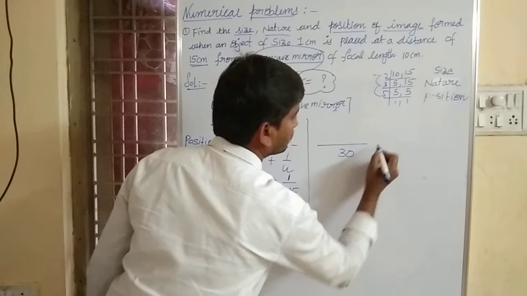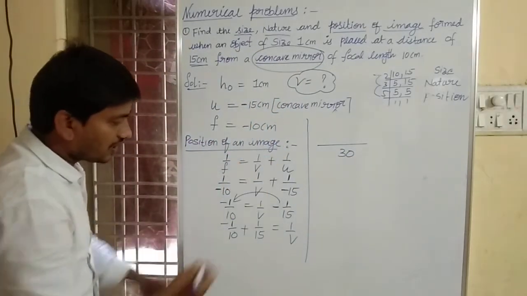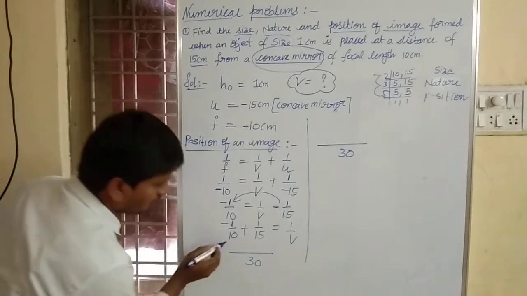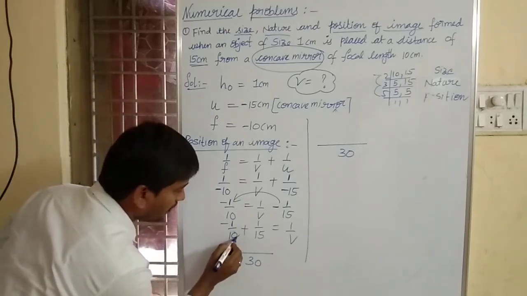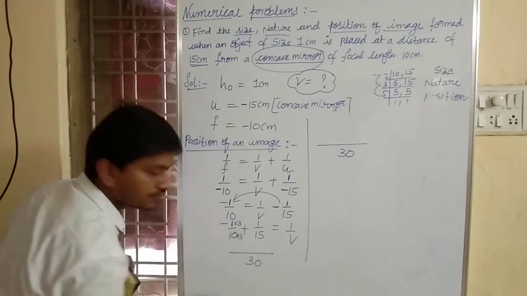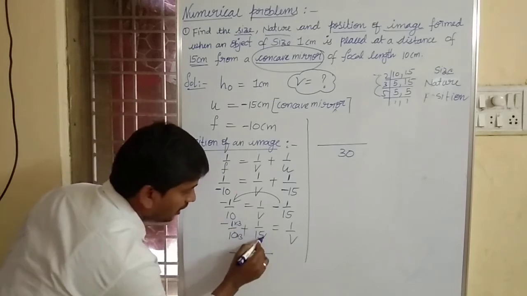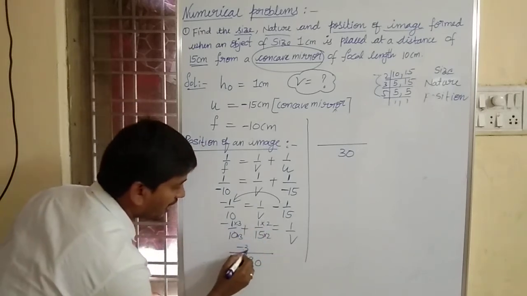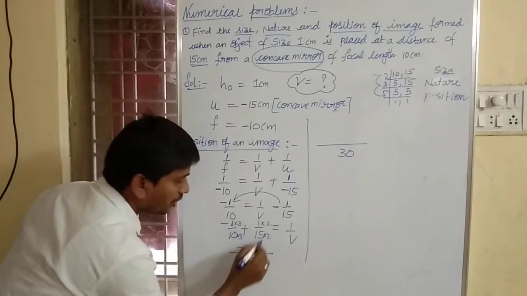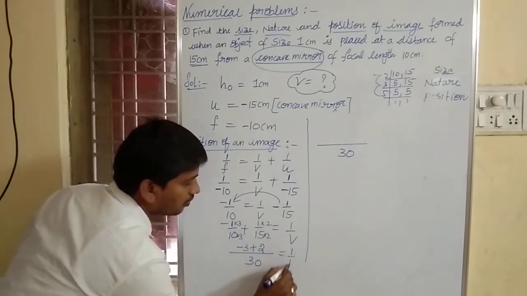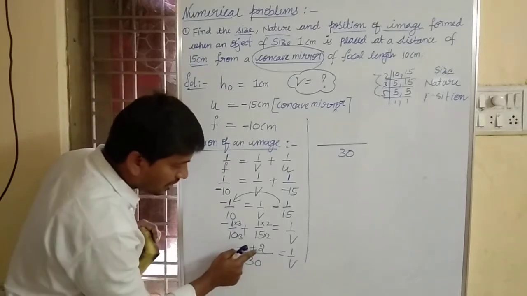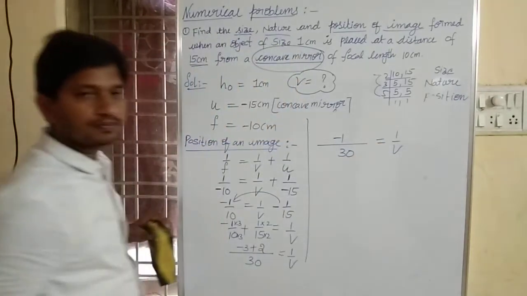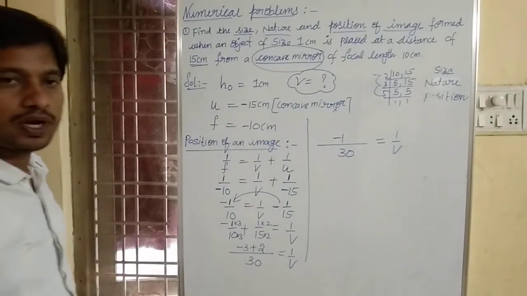LCM is 30. 10 3s are 30, into 3. 15 2s are 30, into 2. So minus 1 into 3, minus 3, plus 1 into 2, 2 is equal to 1 by v. Minus 3 plus 2, that is equal to minus 1 by 30 equal to 1 by v.